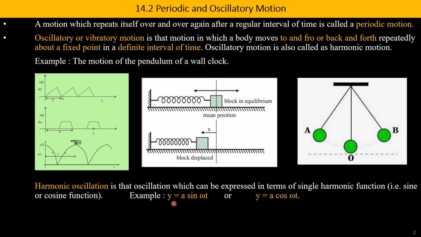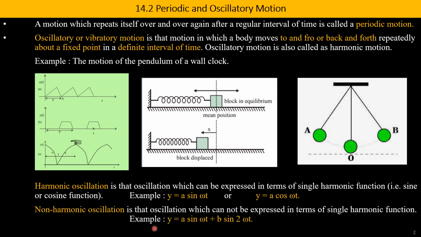If the motion is along the x-axis as shown in the middle figure, it will be x = a sin omega t, or if it is a vertical motion, it can even be expressed by the relation y = a cos omega t. That means harmonic oscillations can be expressed as a sin omega t or a cos omega t.